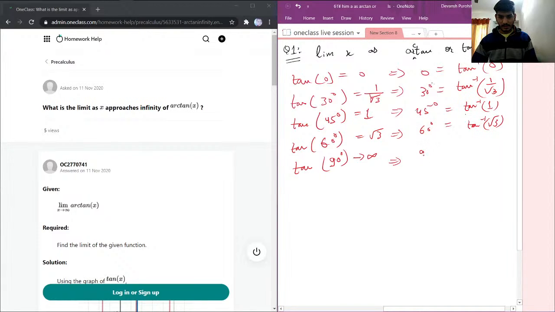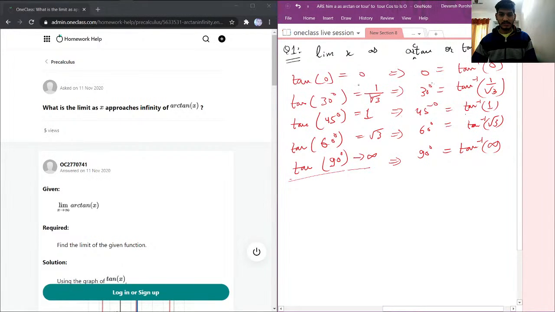And finally we have 90 degree, which will be tangent inverse of infinity.